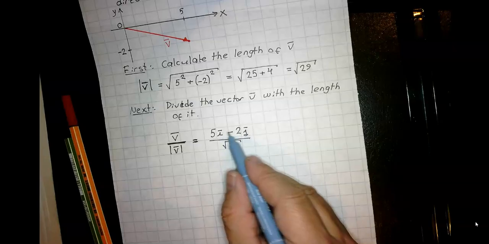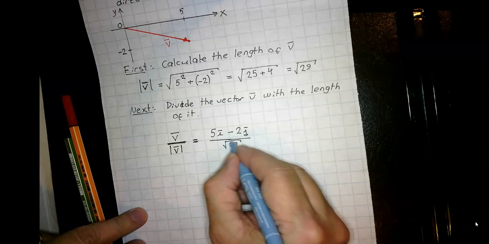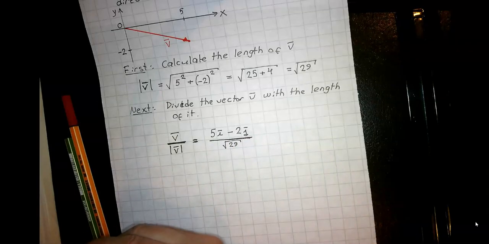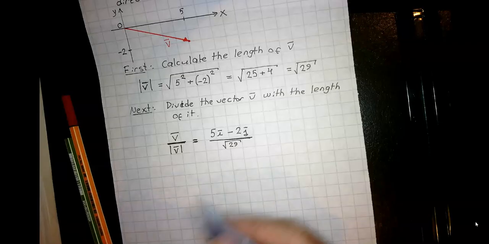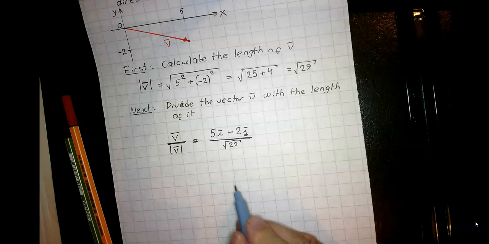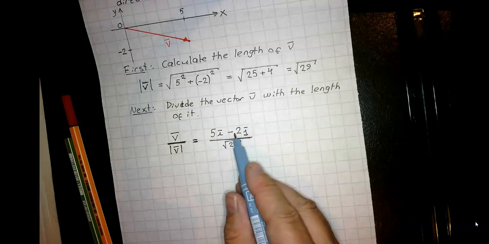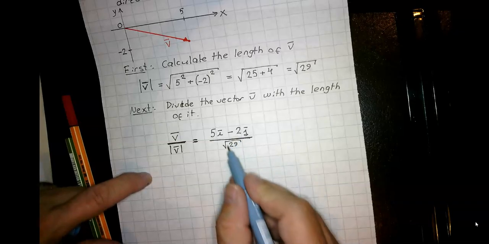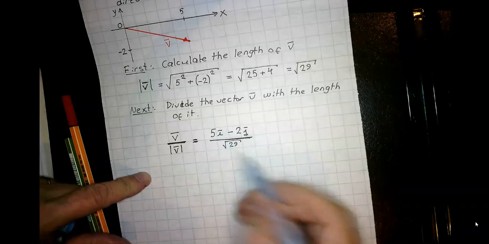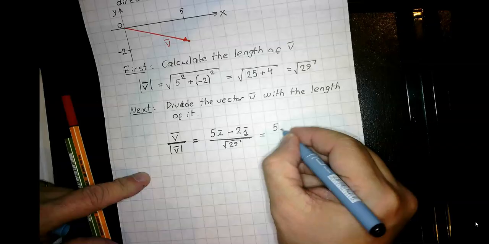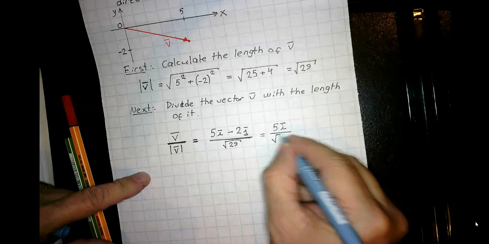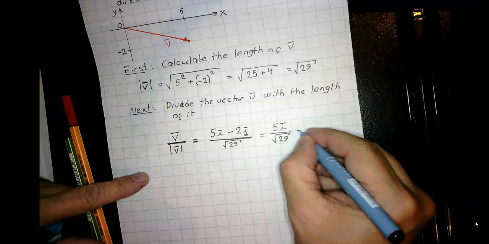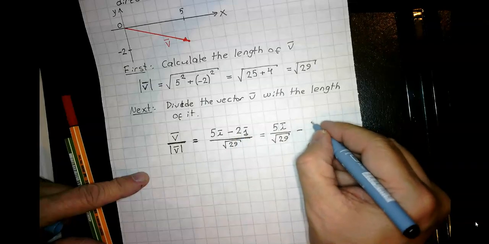Now we have a vector in the top part of this division, but we can use the same calculation rules as we would if we had a simple algebraic expression there. That means we may divide this first part, 5i, by square root of 29, and also do the same with this 2j part.